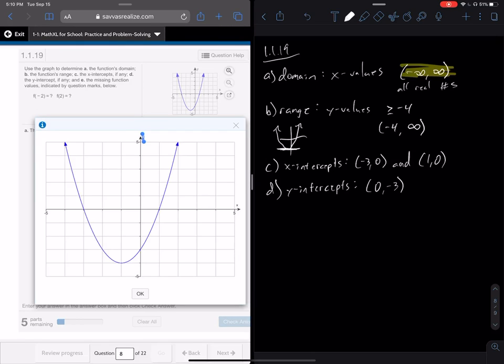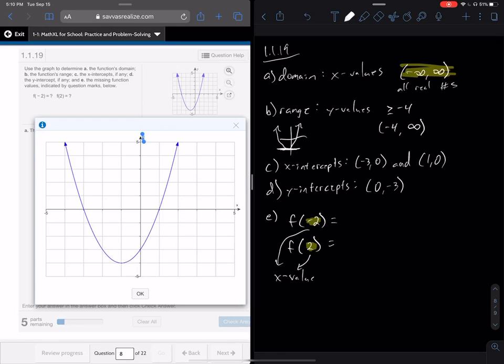And then finally, the missing function values. So this is part E. They want to know what is f of -2 and what is f of 2. These two terms, this -2 and this +2, represent your x values.